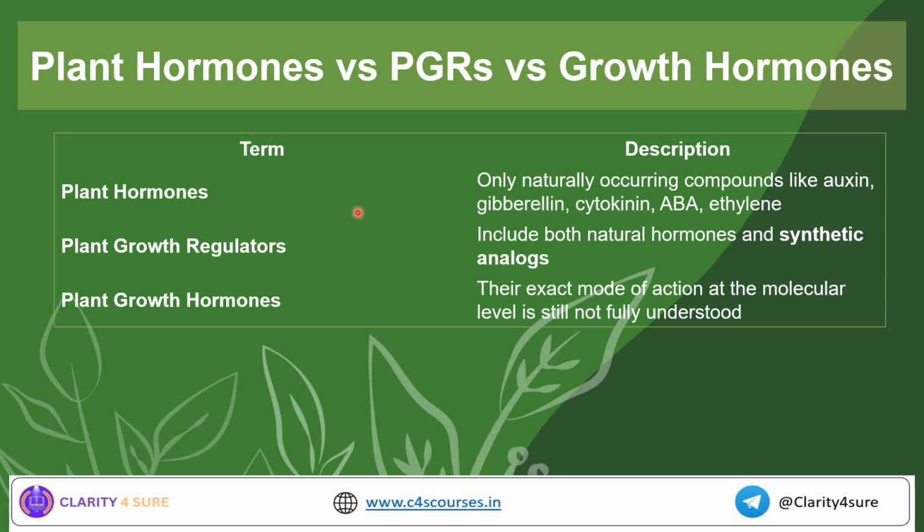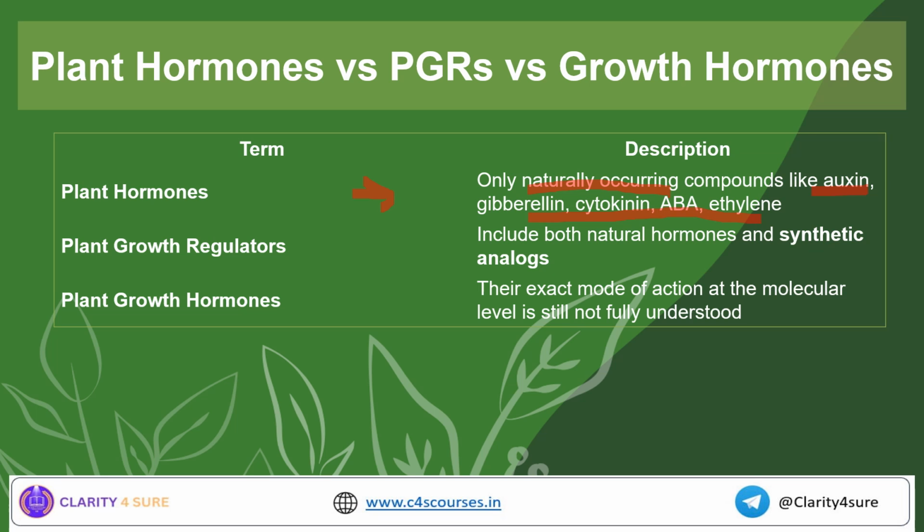Okay, so let's differentiate among these three important terms: plant hormones, plant growth regulators, and plant growth hormones. A plant hormone is a compound in its natural form, occurring naturally, like auxin, gibberellin, cytokinin, ABA, ethylene.